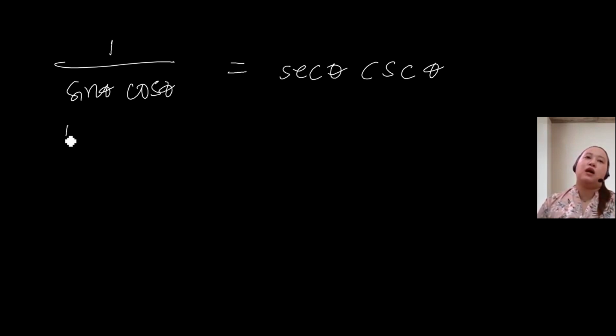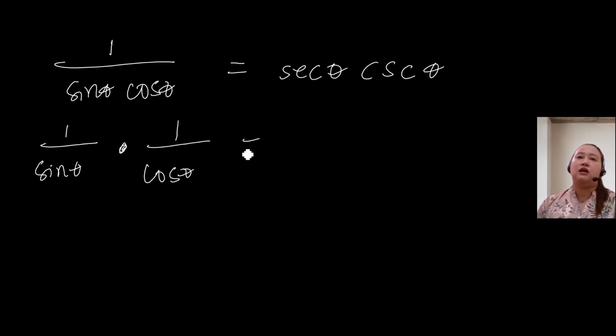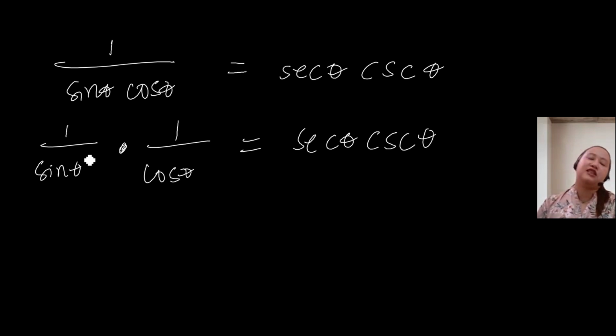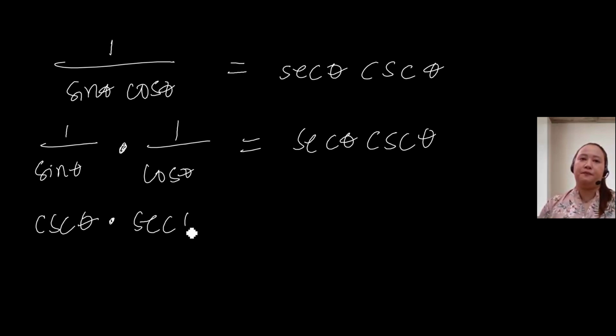So we have 1 over sine theta times 1 over cosine theta equals secant theta cosecant theta. Then just use identities on the left side. So 1 over sine theta is the reciprocal cosecant theta, times 1 over cosine theta, which is equivalent to secant theta.